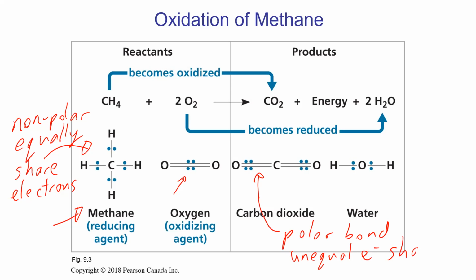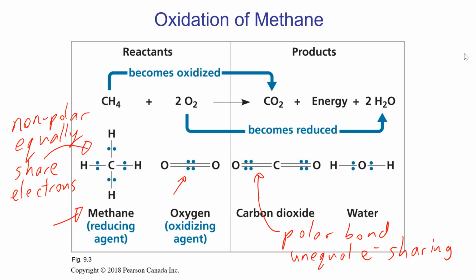In this case, oxygen is using the electrons more than the carbon is. Oxygen is an electronegative atom. It means carbon doesn't have the electrons as much. So carbon is losing the electrons, and so carbon is becoming oxidized. Oxygen, on the other hand, is gaining more electrons, and it's becoming reduced.